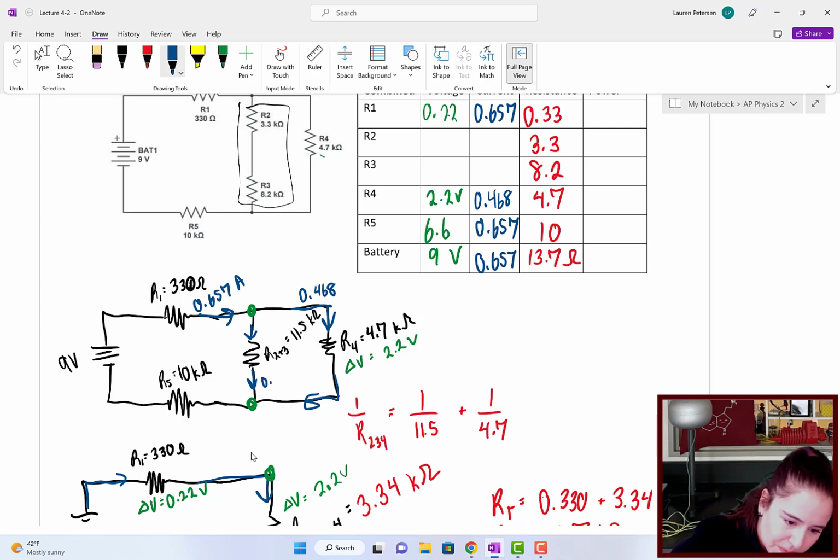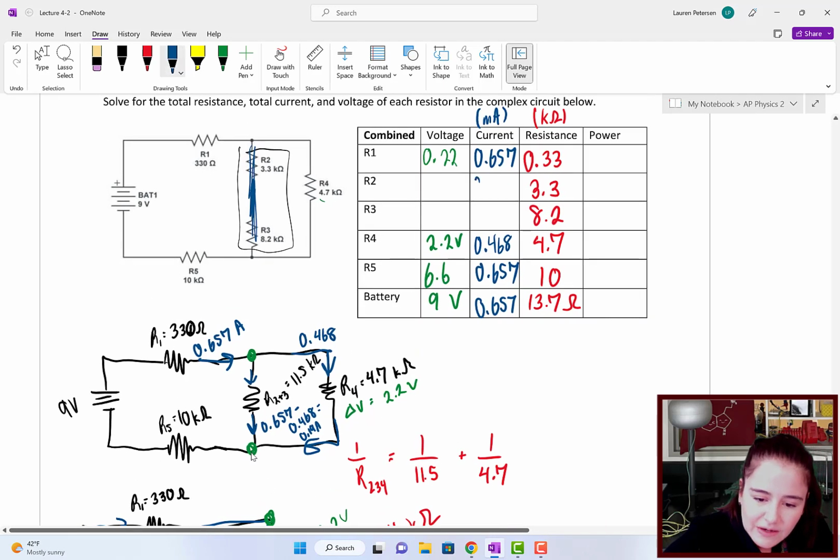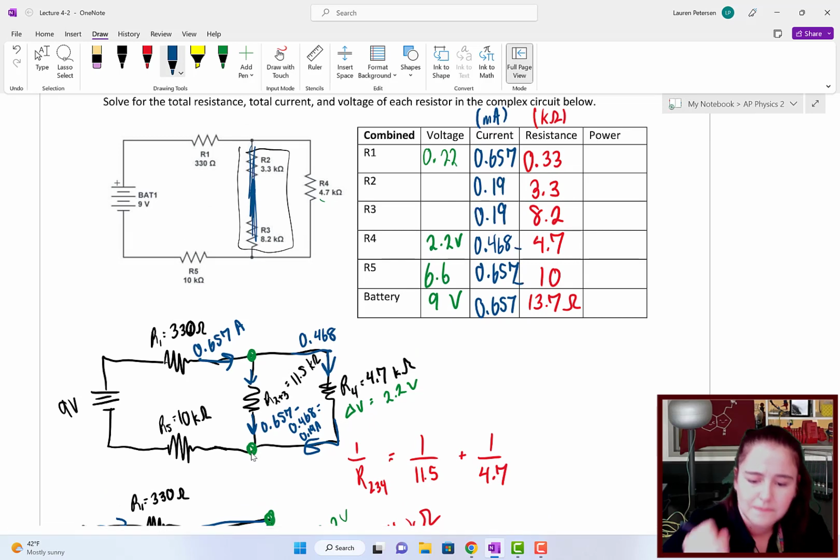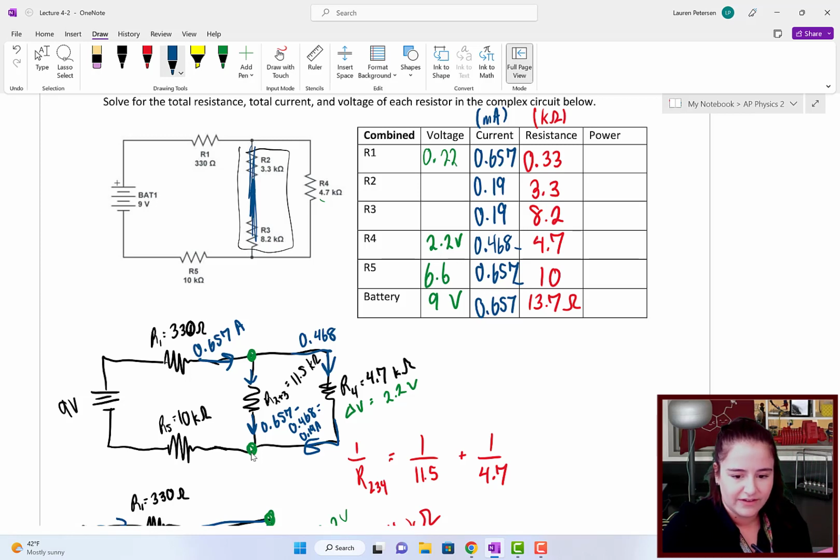So I have 0.657 minus 0.468, which gives us 0.1889 or 0.19 milliamps. So that is how much current is flowing through this path. And again, we found that by this minus that: 0.657 minus 0.468 gives us 0.189.